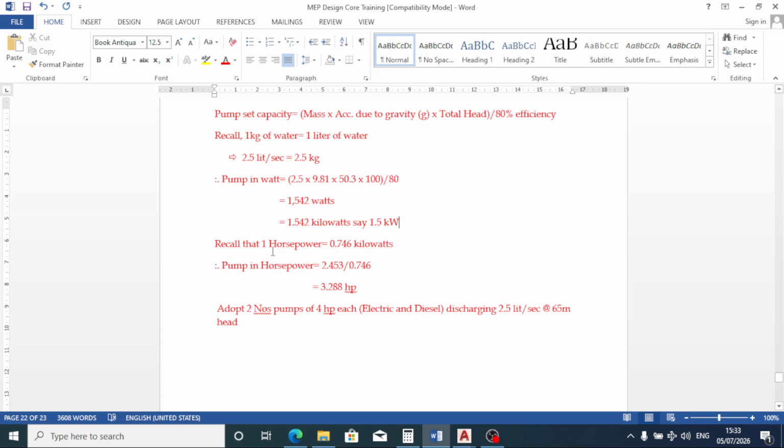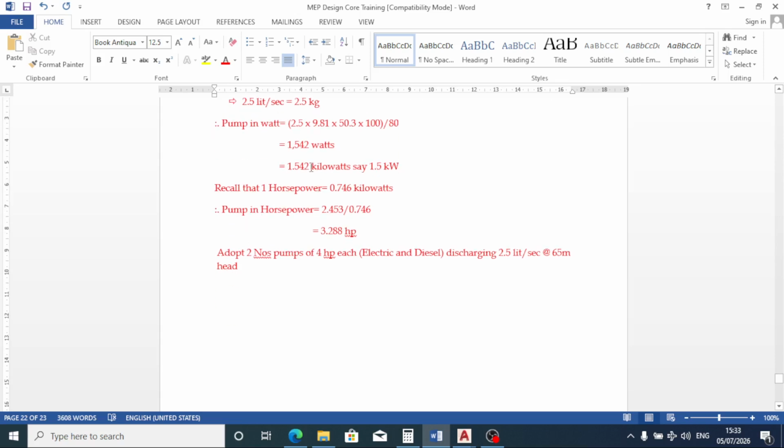Now recall that 1 horsepower is equivalent to 0.746 kilowatts. So now we want to get this capacity in horsepower.